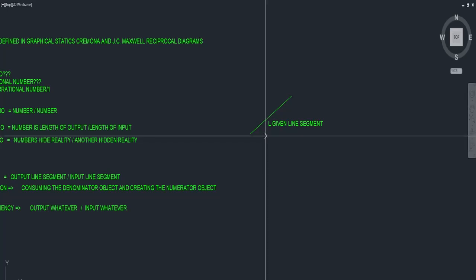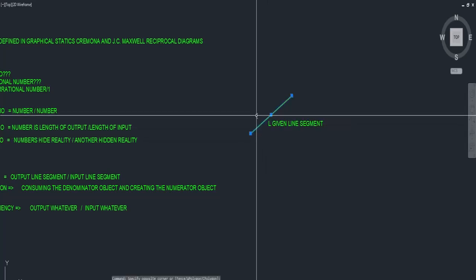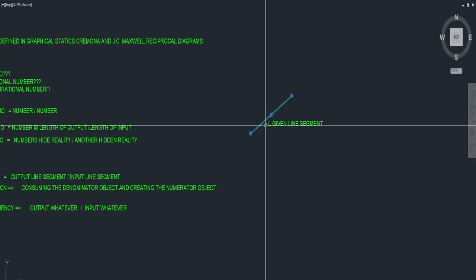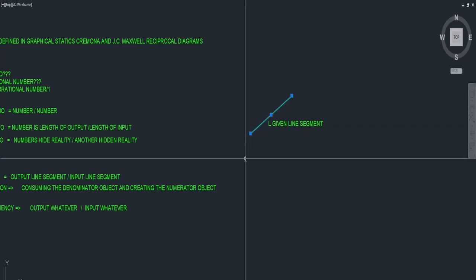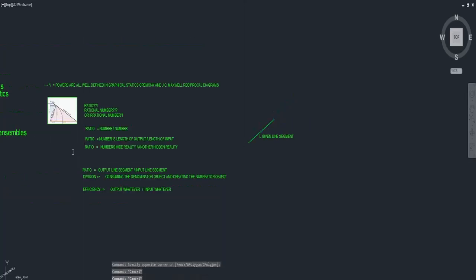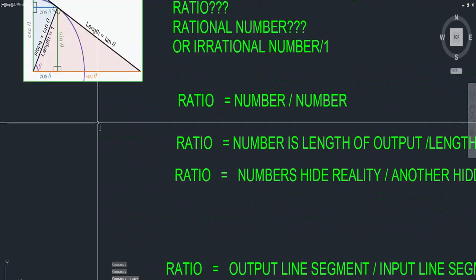In the same way, this same line segment is consumed as the base and returning the perpendicular object or the hypotenuse object. The same line segment is consumed as a perpendicular and returning the base line segment or hypotenuse line segment. Conditions depend upon which kind of animal is eating it.